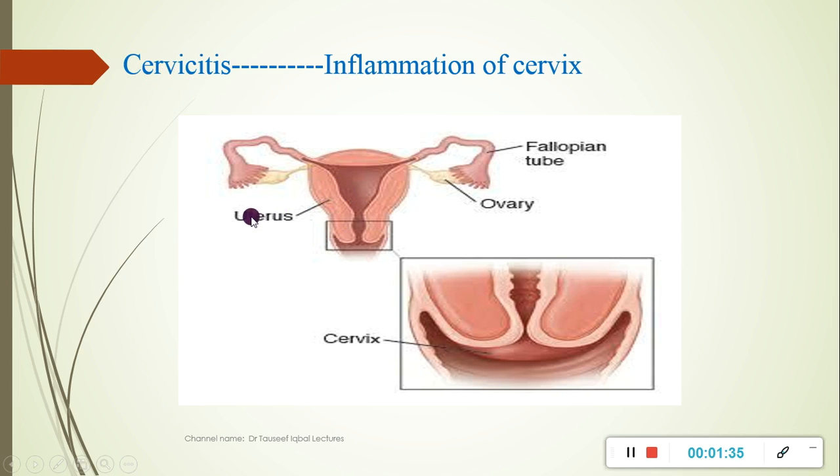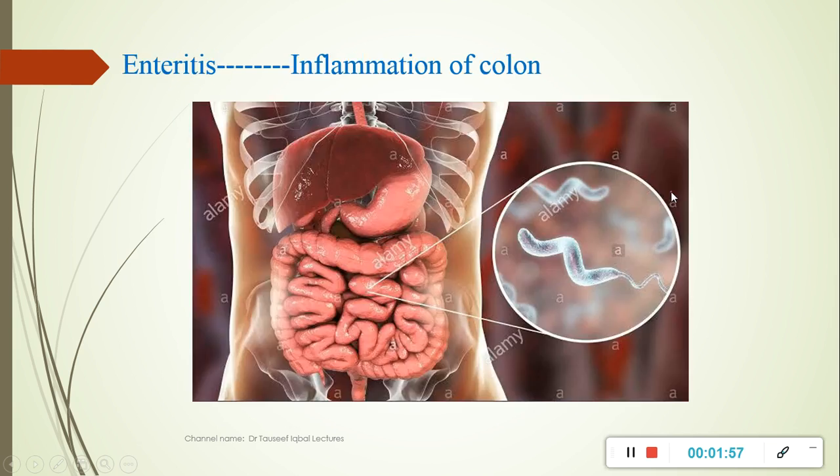This is uterus, this is fallopian tube, this is oviduct, and this is cervix, and last part is birth canal. So if there is inflammation inside cervix, that is called cervicitis.